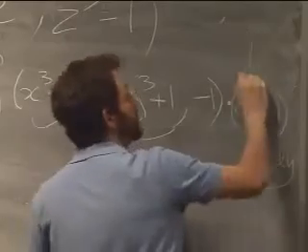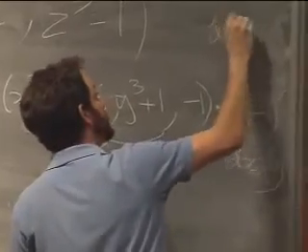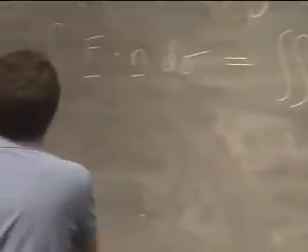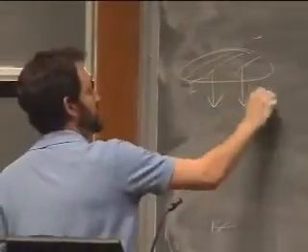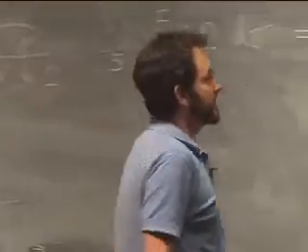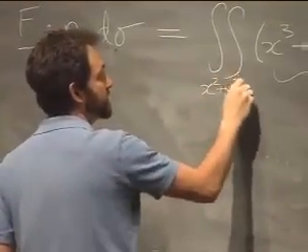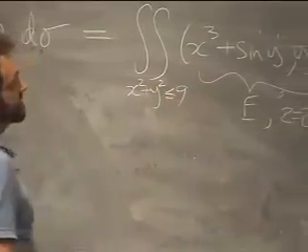Why is it minus 1? Because it's a downward normal. This is where you've got to be careful. If you put 0, 0, 1, thinking that the normal is up, you will get the wrong answer. Anyway, this is over the circle x squared plus y squared less than or equal to 9. That's the base.